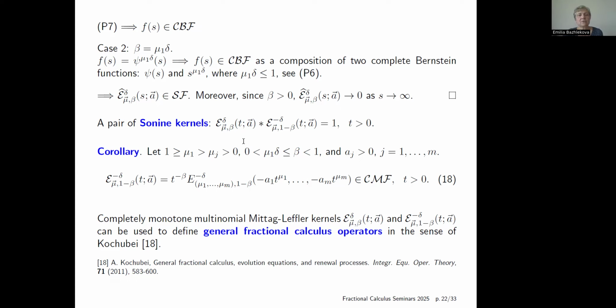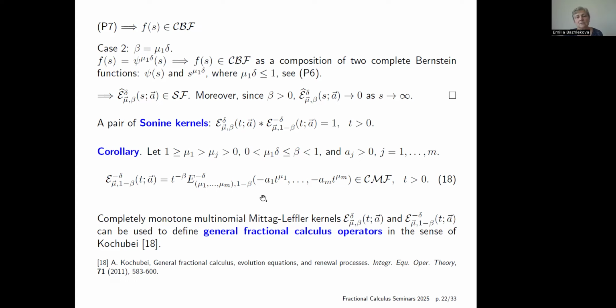What is important, we can consider a pair of Sonin kernels here in terms of multinomial Mittag-Leffler functions. And since one is completely monotone if and only if the other is completely monotone, we can formulate the corollary from our complete monotonicity theorem, which is stated here.